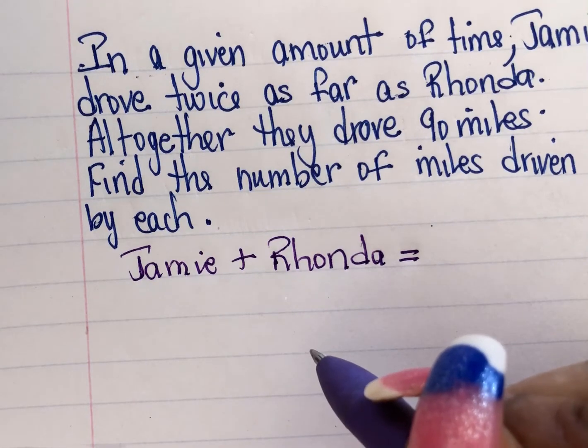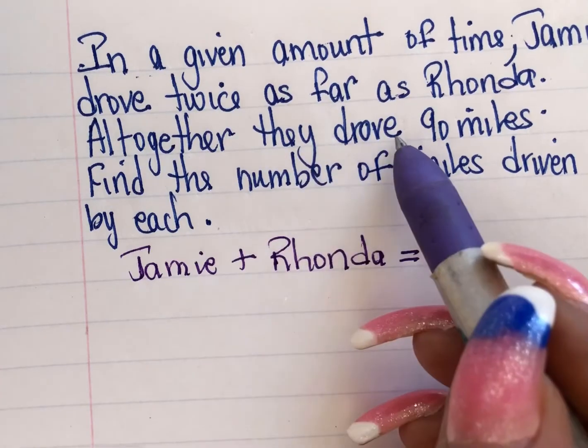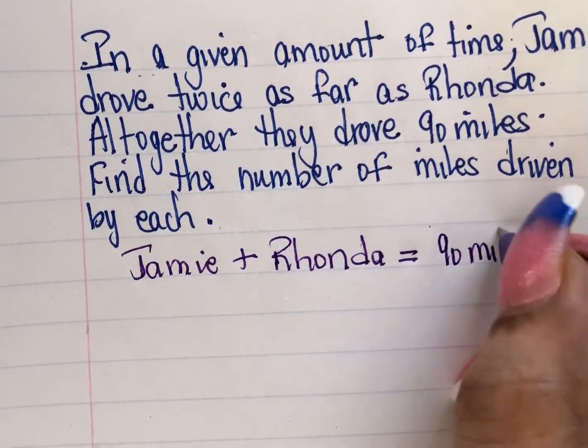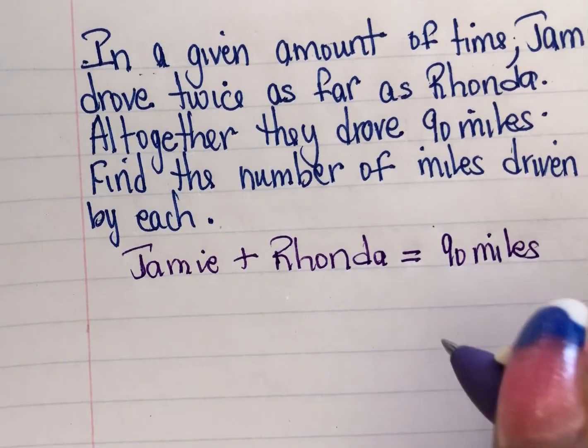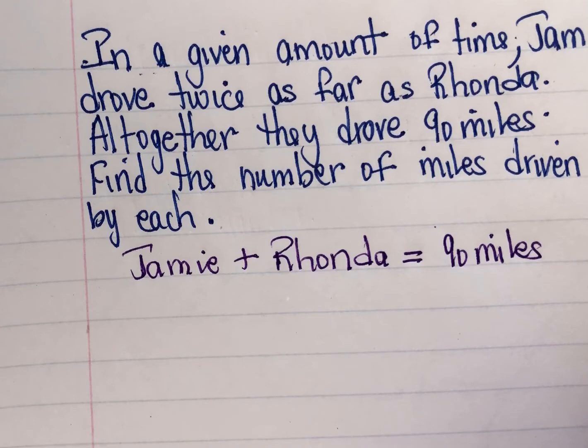Let us look at the next sentence. Altogether, they drove 90 miles. Find the number of miles driven by each. Remember, we can find the number of miles using any number of methods.